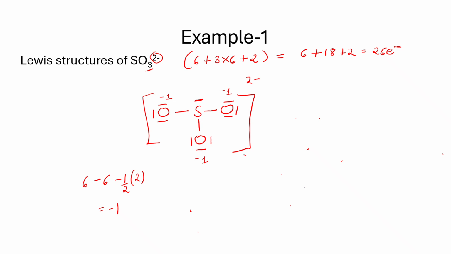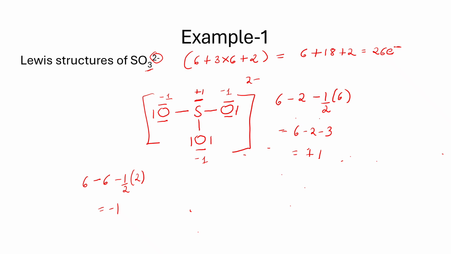So for sulfur we have 6 valence electrons minus, if we see that there is only one lone pair, which means that there are only 2 non-bonding electrons, right? And there are 3 covalent bonds around sulfur, which means that there are 6 bonded electrons. So the formal charge comes out to be +1, right? So this all adds up and the sum of the charges comes out to be 2 minus.